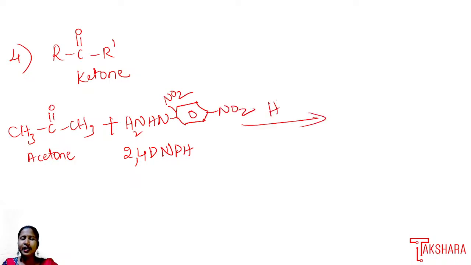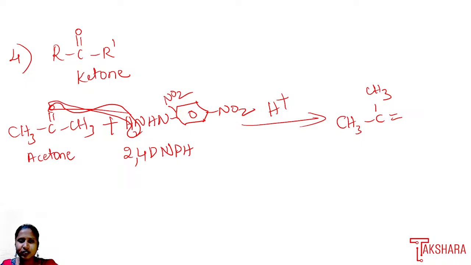When it undergoes the reaction in the presence of an acidic medium, again a water molecule is going to be removed, and we will get the product CH3 C double bond, and here CH3, then double bond N and HN, and the benzene ring, and here NO2 group, and one more NO2 group is attached.